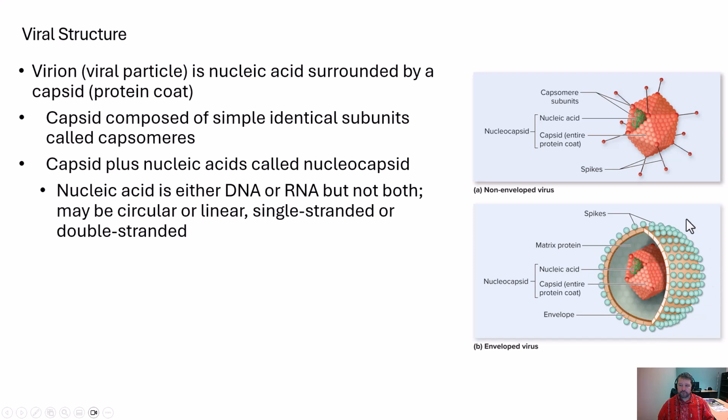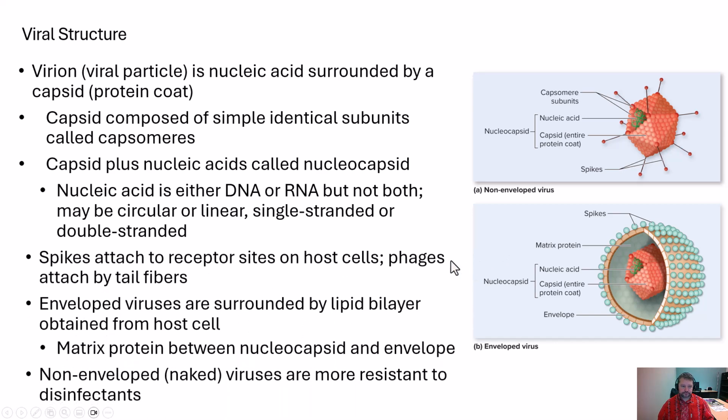It's based on lipids, spikes, potentially, and then you're going to have that nucleocapsid, which would have the nucleic acid and a protein coat. This is important to denote, because how we deal with the different viruses depends on whether they are enveloped or non-enveloped.